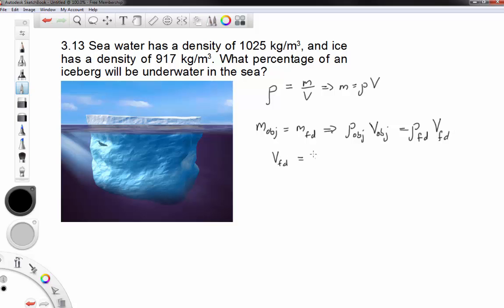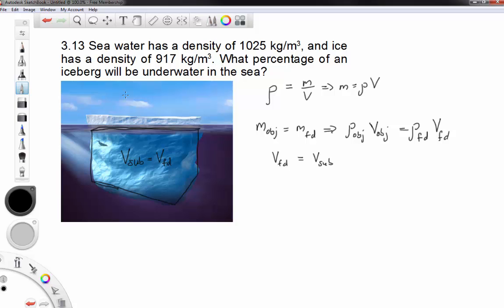And the volume of the fluid which has been displaced is also equal to the volume of the object which is submerged. So in the case of this iceberg, this whole volume is the iceberg volume. And if we were to draw a line representing the part that is underwater, that's basically this part that I'm more or less circling here. This right here would be the volume submerged, and that's also going to be equal to the volume of the displaced water.